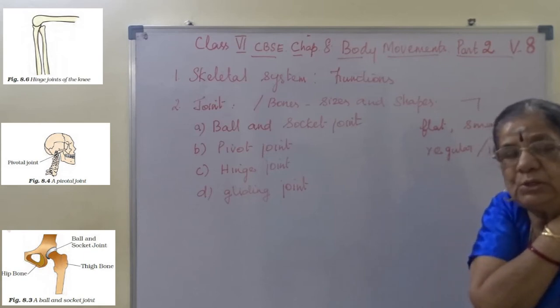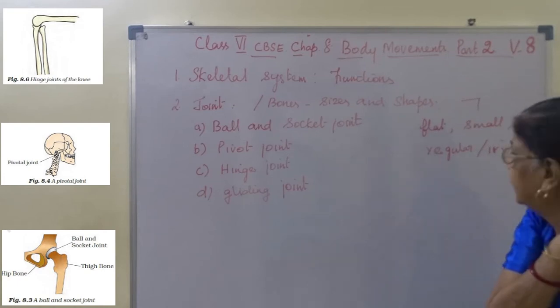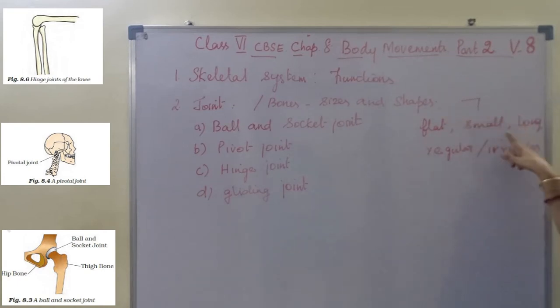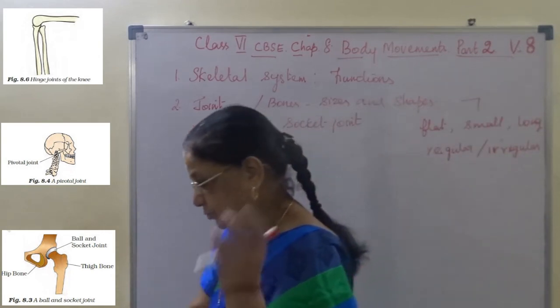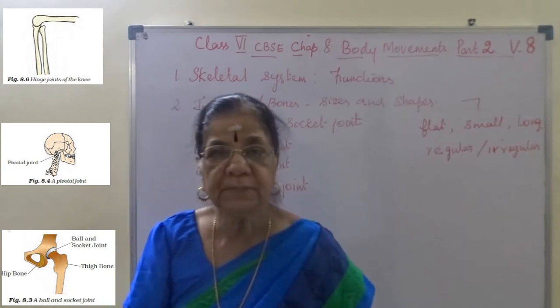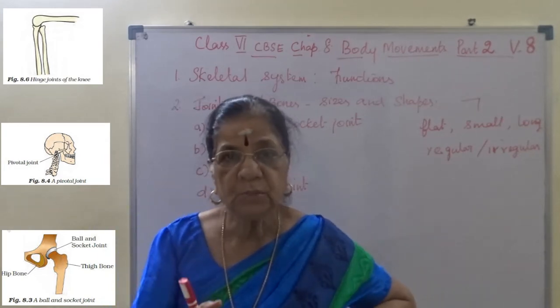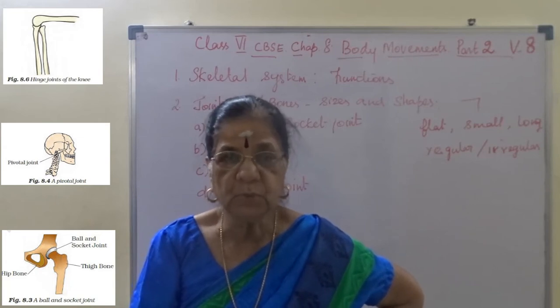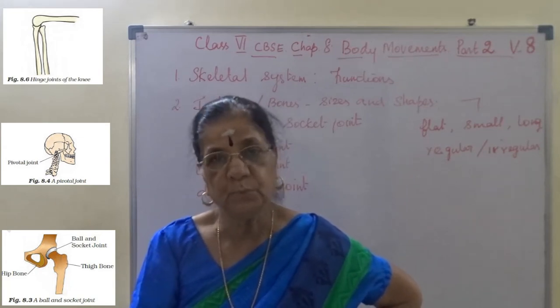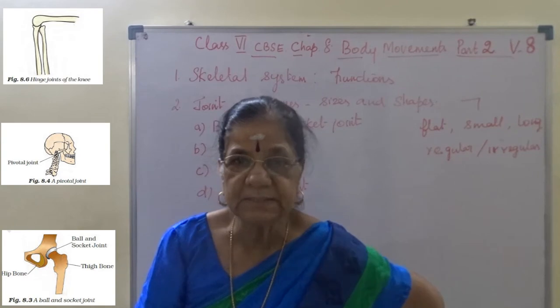At the back also it is a flat bone. So bones are of different types: long bone, short bone, flat bone, regular bone and irregular bone. I hope you understand this.